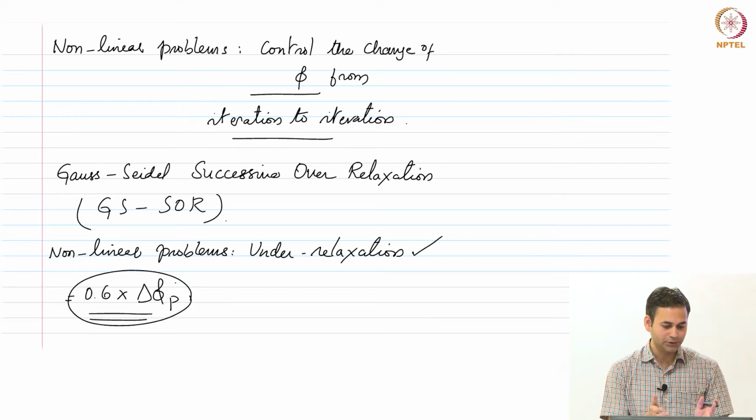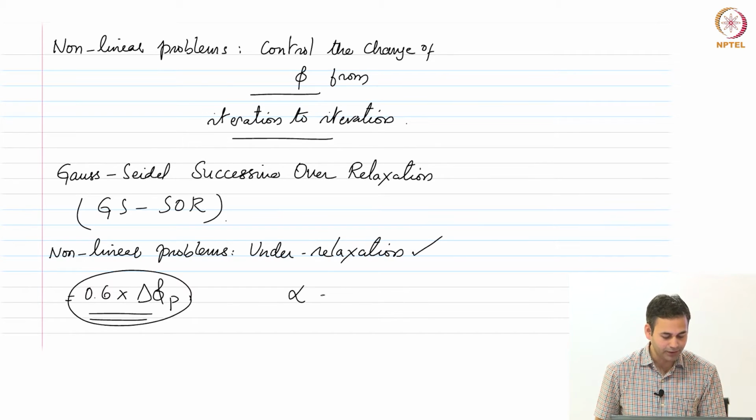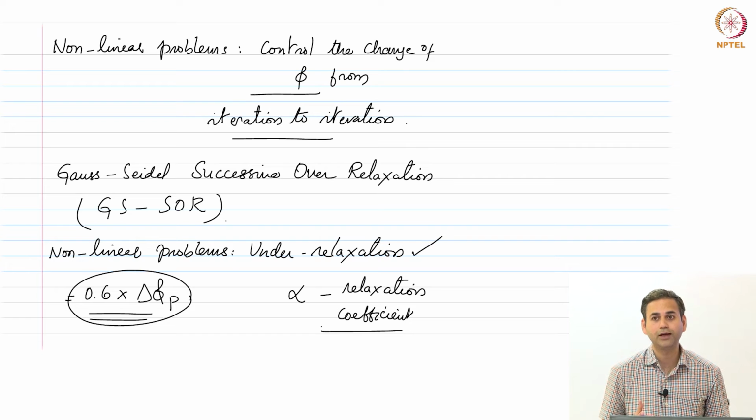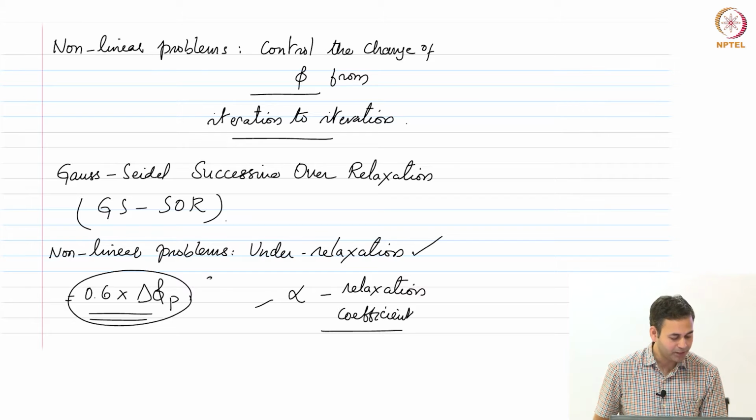Now, this relaxation coefficient we call alpha. It is not known from any theory. The relaxation coefficient is something you have to give from your experience of a particular problem, and it would depend on the problem statement, the geometry, and the other parameters of the problem.